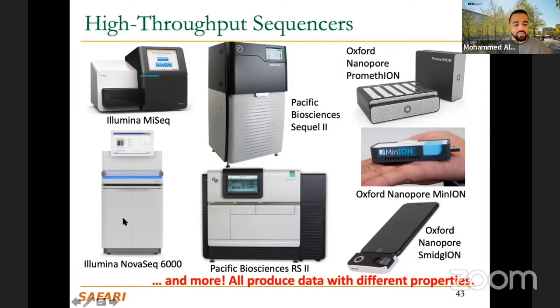In NovaSeq here, you get the highest throughput over all other sequencing machines per sample, because you can get a lot of reads in 44 hours or 2 days, and so on. So this is a fridge size machine, a very huge one. This is a smaller one, and this is handheld, as you can see.